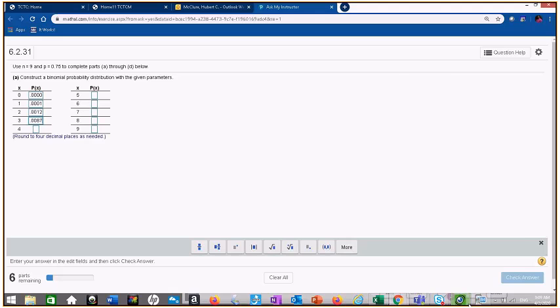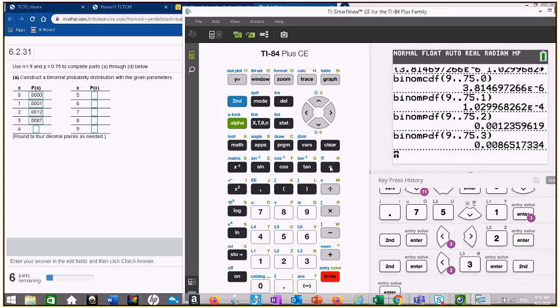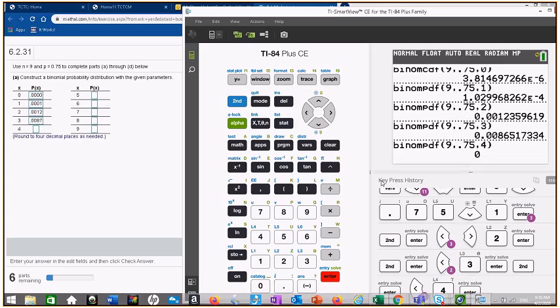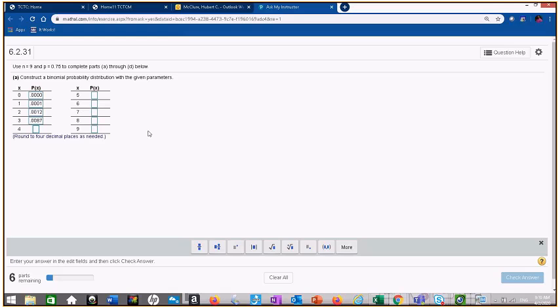Next, second, enter, type in a 4. 0.0389.